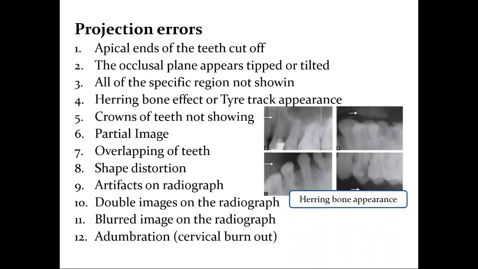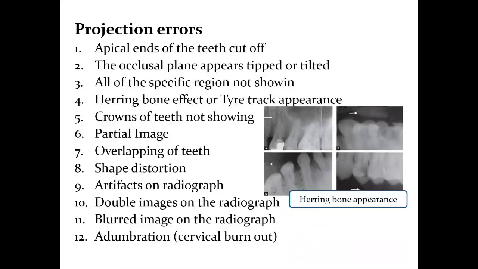So what happens is, once you try to expose a film and then process it, you might notice in the lead foil itself a kind of tire track appearance that you see with one end. This happens when the film is placed the opposite way around.